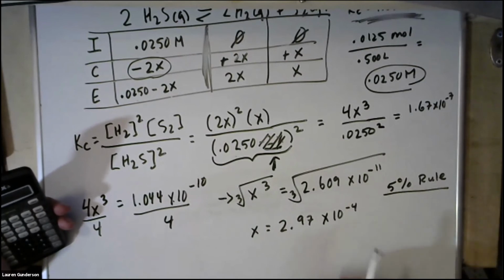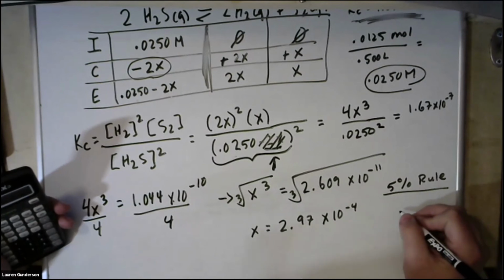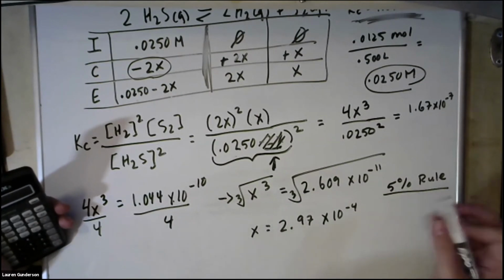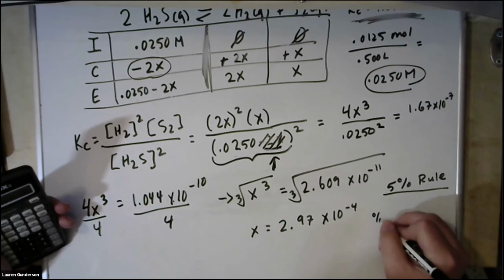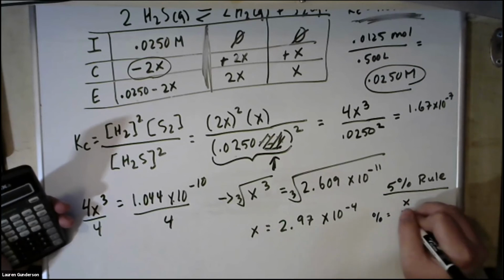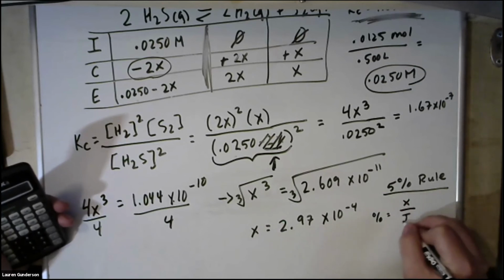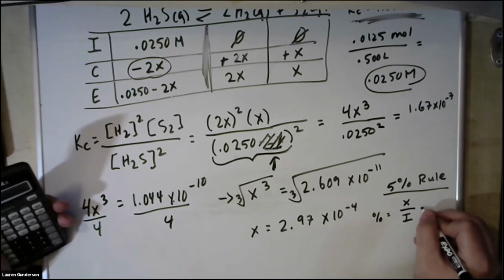Okay, so here we're going to take our 2.97 value. Let me write a little formula for this over here. To find the percent, you're going to take your x value and divide it by your initial value, and then multiply it by 100.